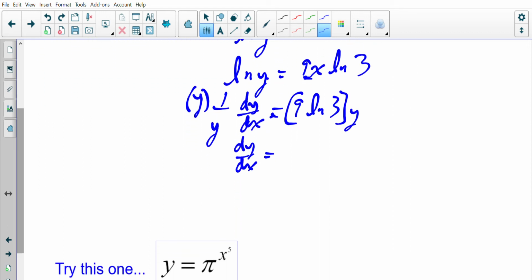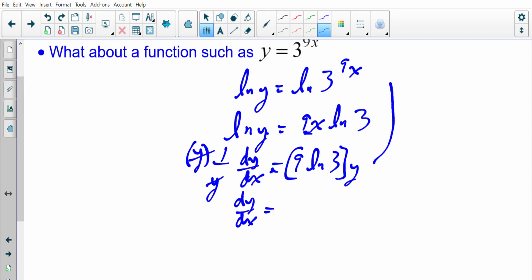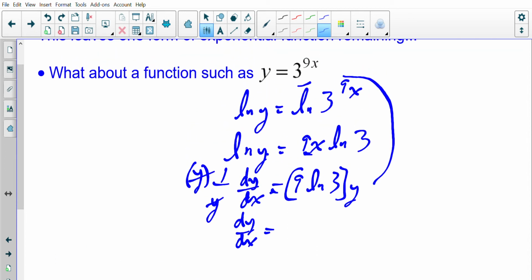Instead of y, you go back to the very beginning, and this is what y is equal to. So my answer here for the derivative of 3 to the 9x is 3 to the exponent 9x multiplied by the natural log of 3 multiplied by 9.